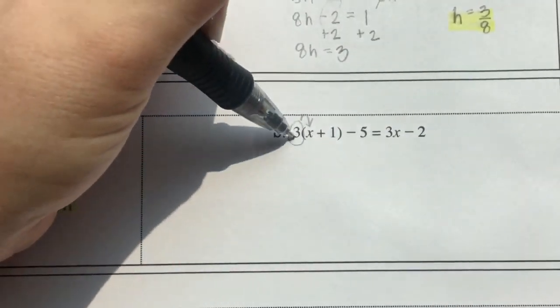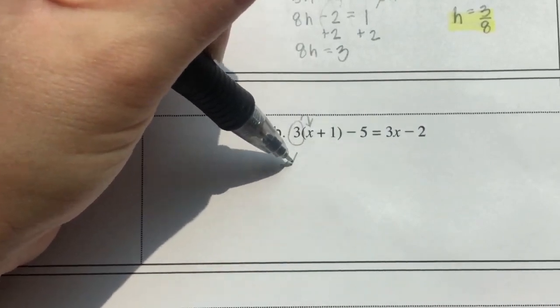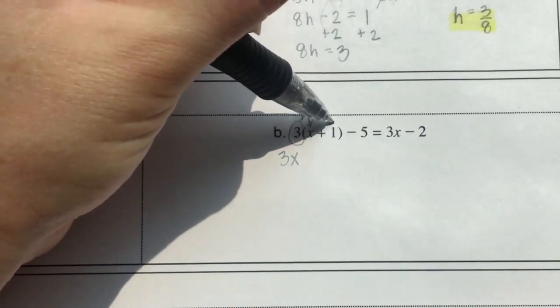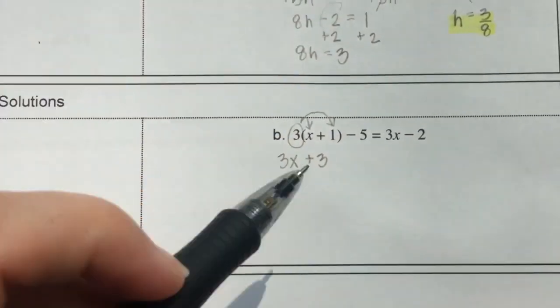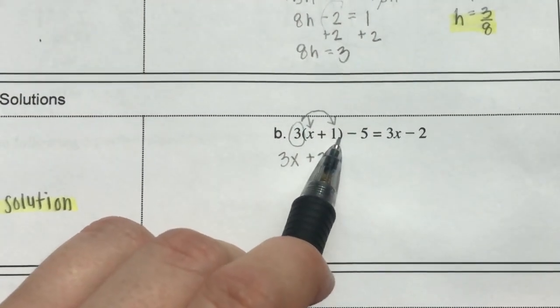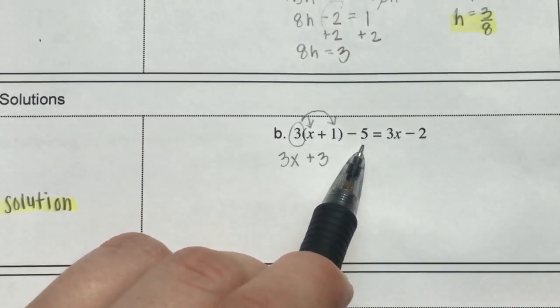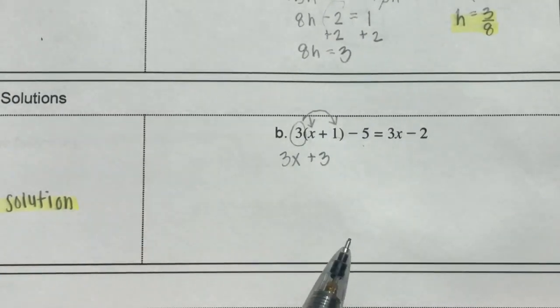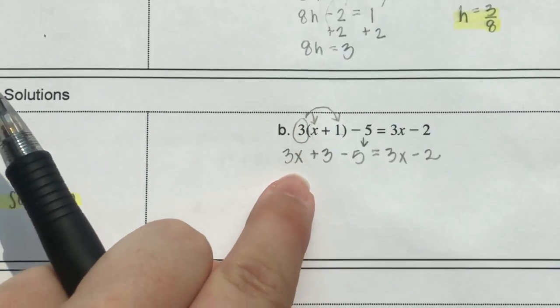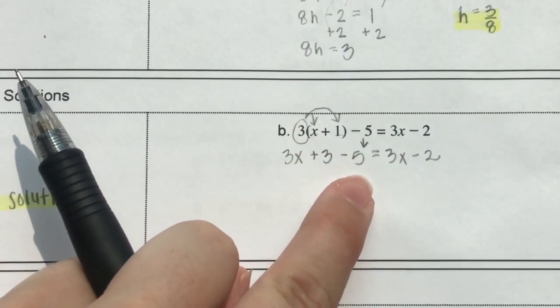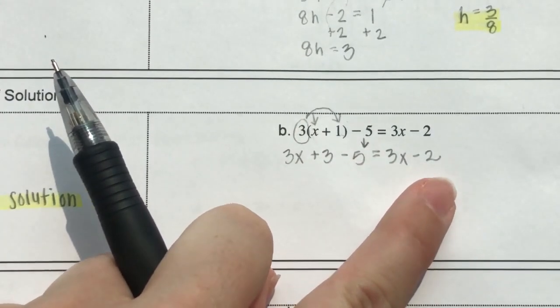So 3 times x is 3x, and then 3 times 1 is just 3, and then I stop when the parentheses closes. So I don't distribute to the negative 5. I just bring down the negative 5 equals 3x minus 2, and then 3x plus 3 minus 5 equals 3x minus 2.